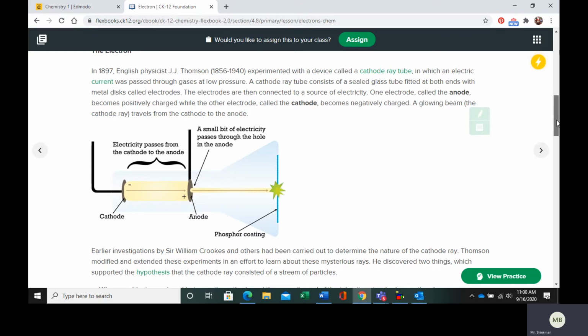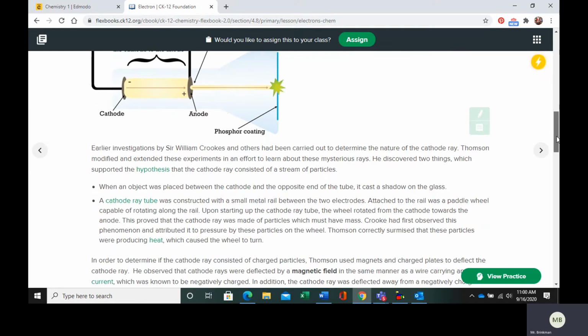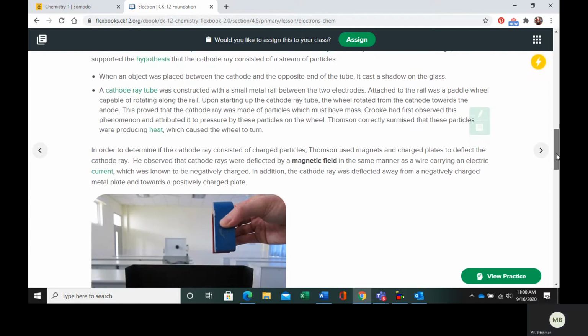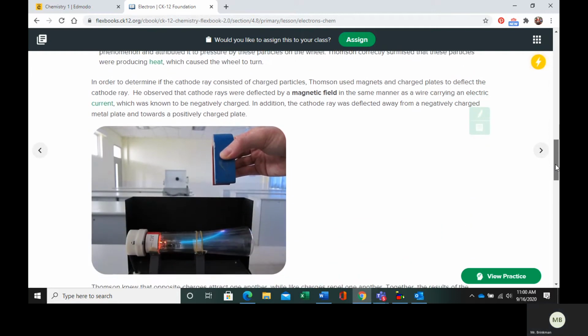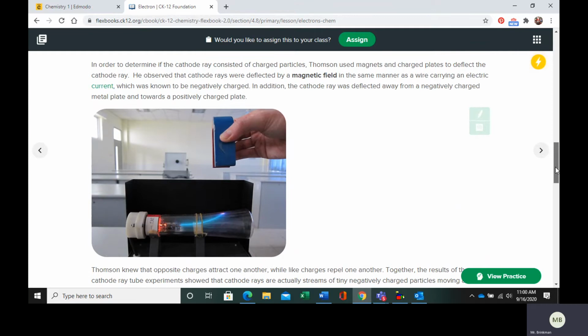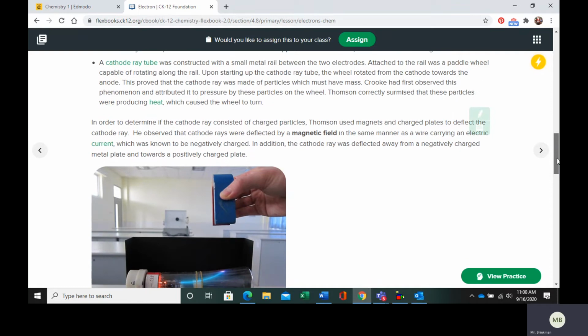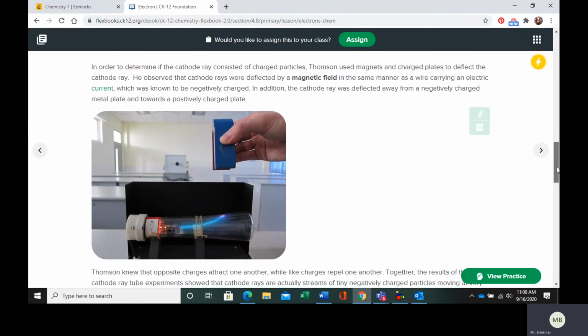In Thomson's experiment, it talks a little bit about Sir William Crookes' experiments. But in this experiment, he used magnets and charged plates to try to deflect the cathode ray.